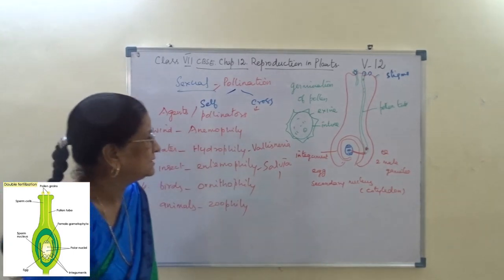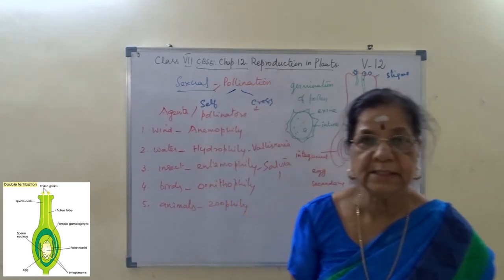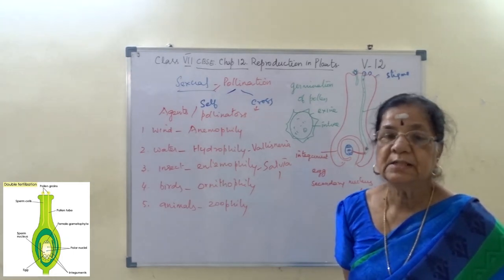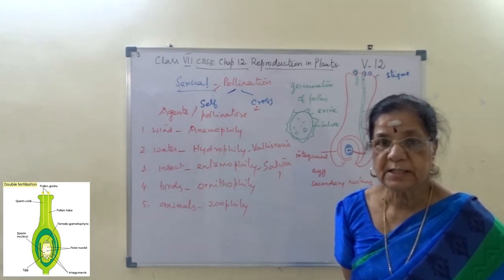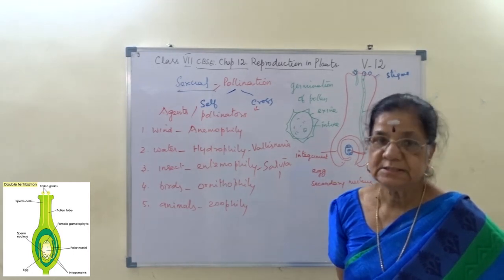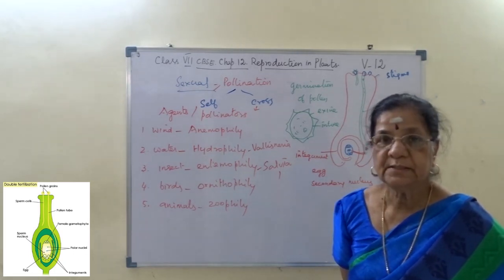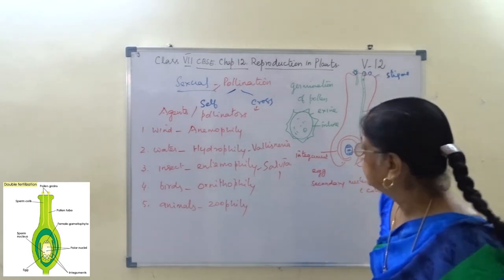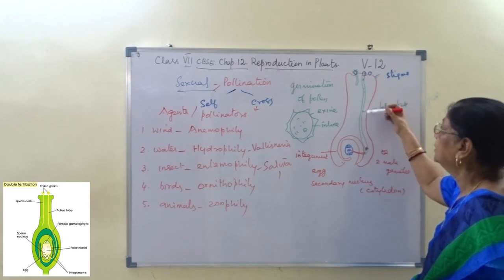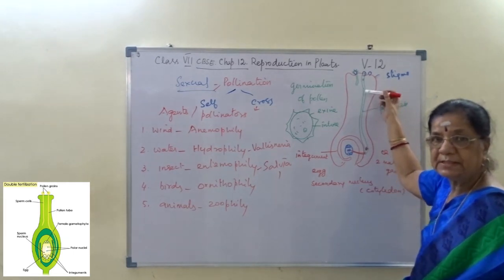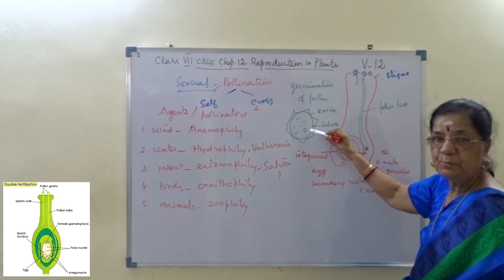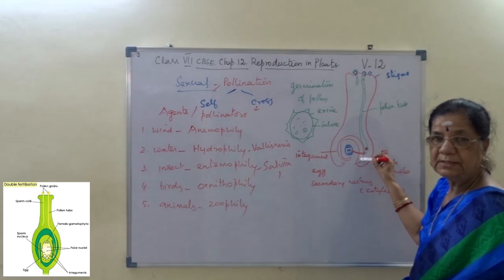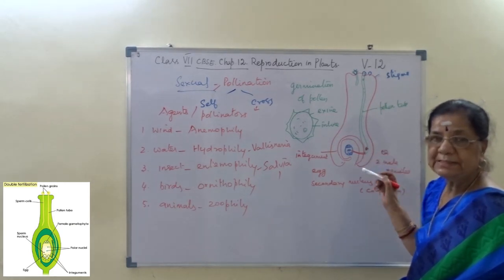I repeat, fertilization is the fusion of male and female gamete. For fertilization, pollination must occur and the pollen grain reaches the stigma and starts germinating, that is, growing. It develops a pollen tube. When the pollen tube grows, it carries the nucleus of the pollen grain, and when it reaches the ovule, the pollen grain divides into two male gametes.